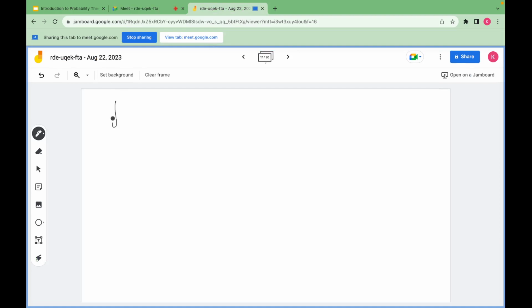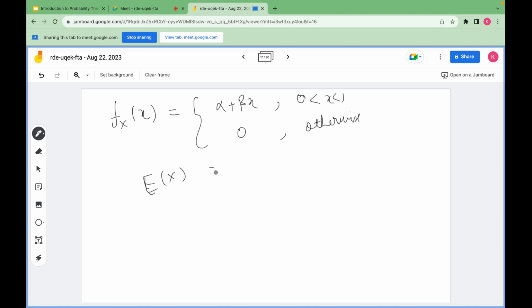So we are given this fx function, for x ranging from 0 to 1, and it is 0 otherwise. If expectation of x is 3 by 5, then we need to find the values of alpha and beta.